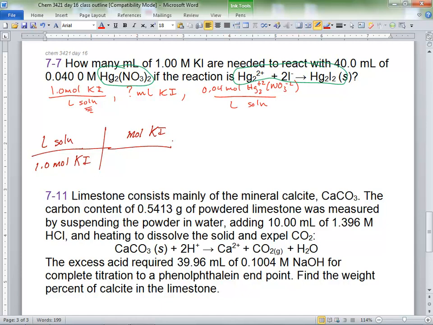It would be the mole bridge, because you want to bring in the Hg2 2+. Exactly. So what's in front of the KI? Yeah, excellent. That's a 2. Notice again, with the iodide in the reaction, they expect you to see this solution as I negative. They don't expect you to see the K at all. You're supposed to block that out mentally. Well, that's 1 molar iodide.